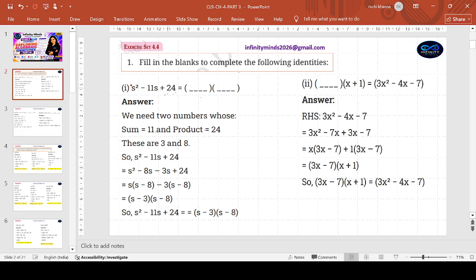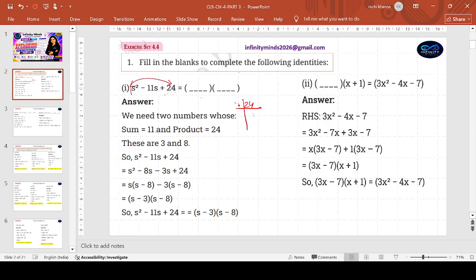Was there a coefficient next to s square? It is the product of these two terms, where the coefficient here is 1. 24 into 1 is 24. So we do factorization of 24 in such a way that we are able to generate those two numbers. As we proceed, we'll practice more on this.